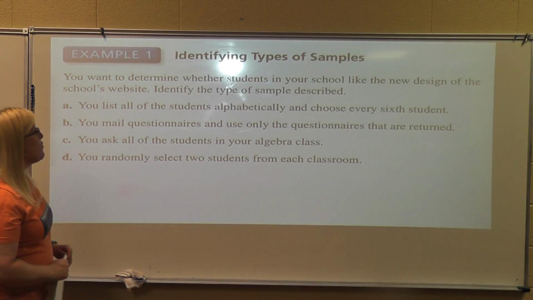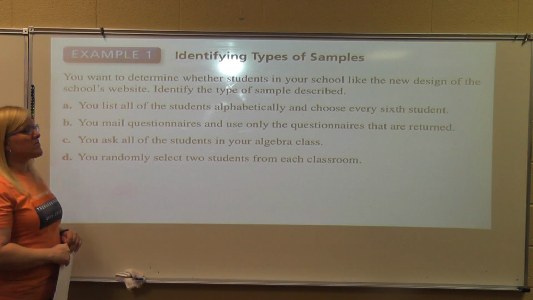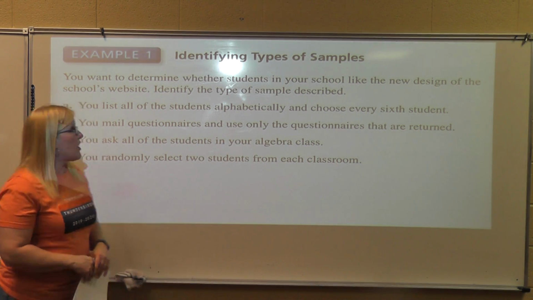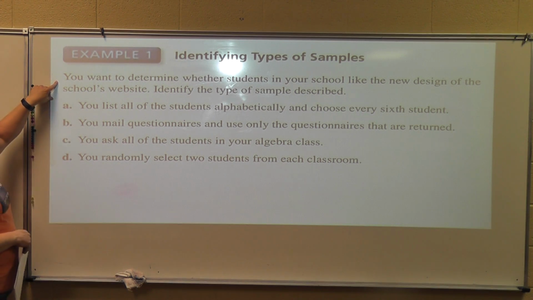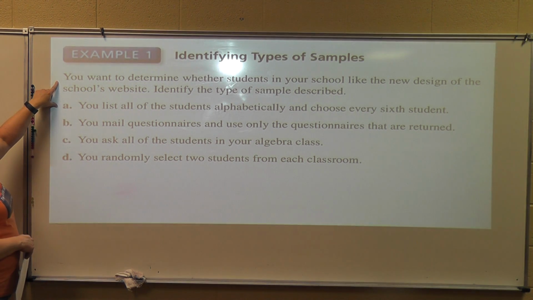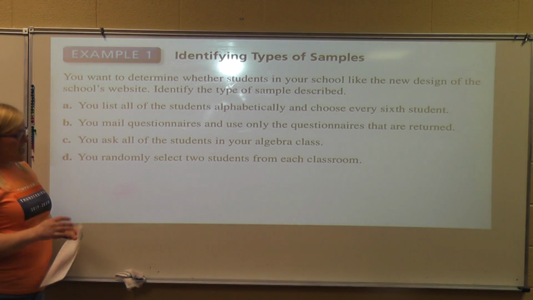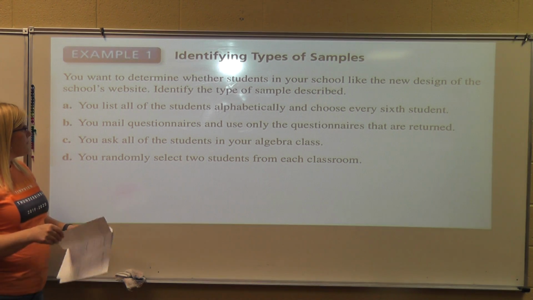Okay, example 1, identifying types of samples. This is just knowing your vocabulary words. You want to determine whether students in your school like the new design of the school's website. Identify the type of sample described.